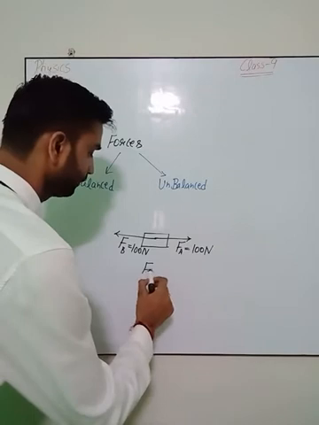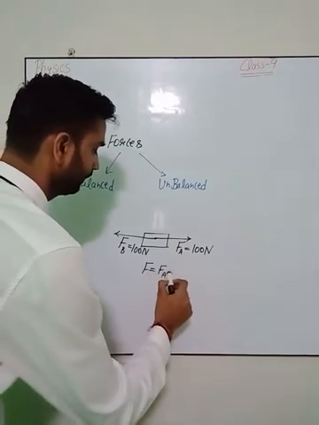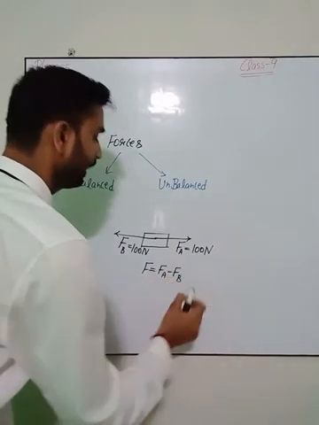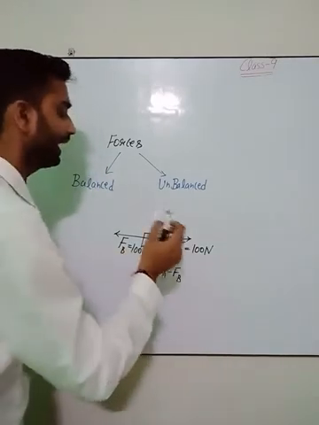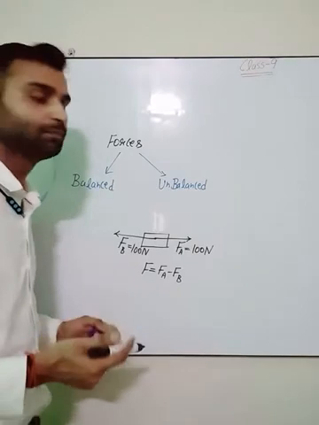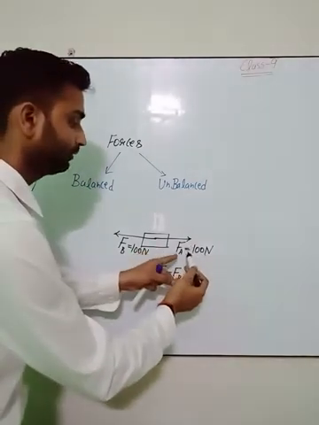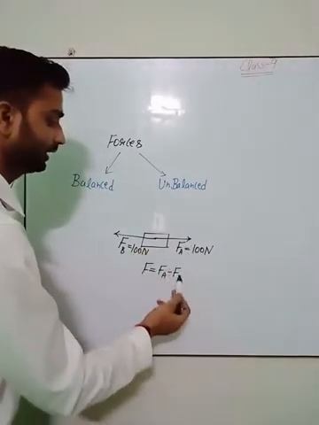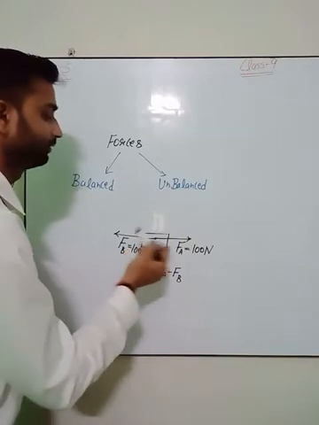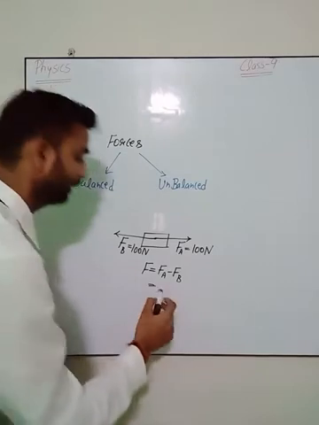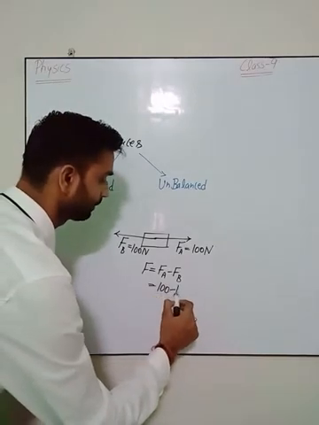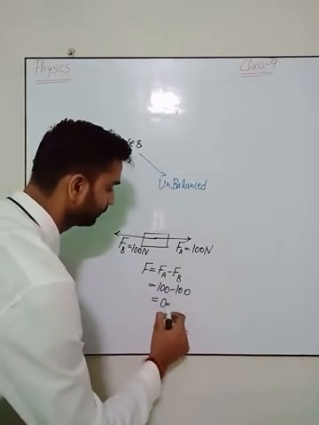The resultant force F equals FA minus FB. Why am I taking the difference? Because these two forces are acting in opposite directions. If we take the direction of force A as positive, then obviously B will be negative, opposite. That is why I am taking the difference. So 100 minus 100 will be 0 Newton.